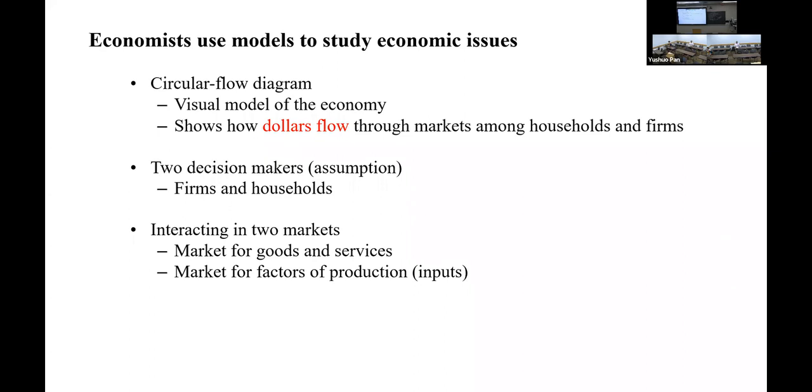The assumption for this model is that there are only two decision makers, firms and households. No government, no international trade, nothing else. They interact in two markets: the market for goods and services, and the market for factors of production, or inputs.